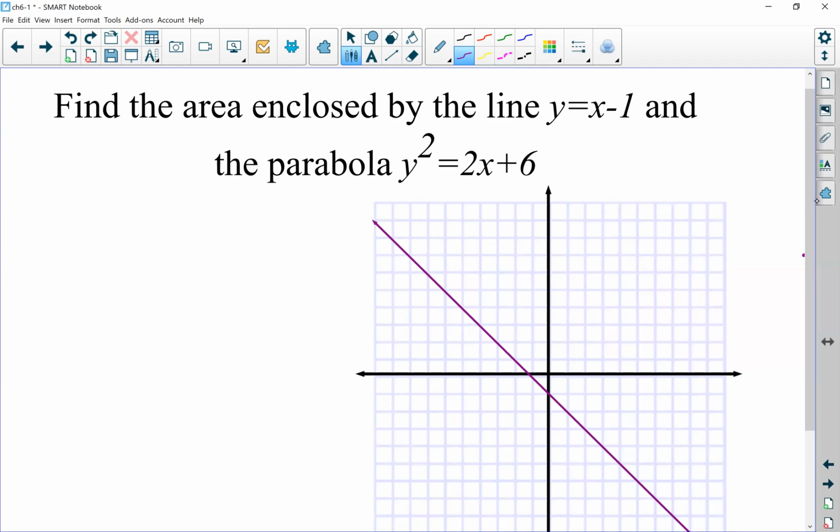So to graph this, I'd pick maybe values for y and just see what happens. So like 0. I believe if I plug 0 in, I get -3 for x. Oh, I know what I did wrong.